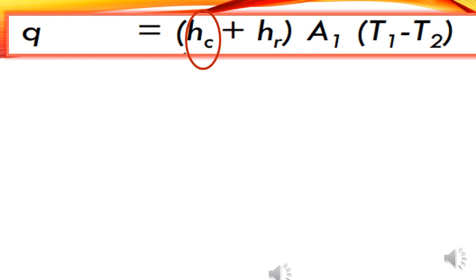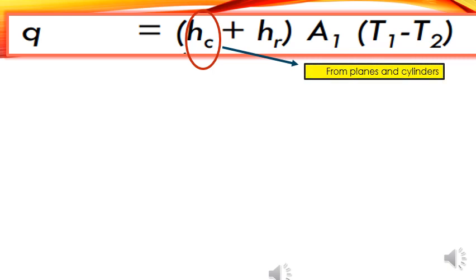We only consider natural convection, where under natural convection we only have two possible mechanisms: natural convection from planes and cylinders, and the other one is natural convection in enclosed space.